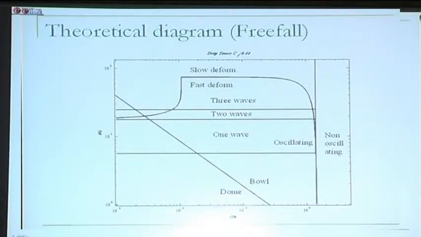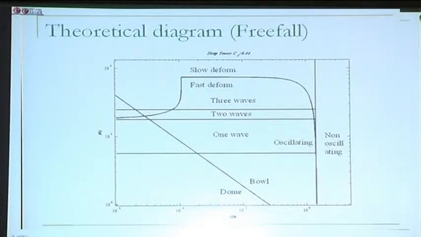So here you have the deformation. You can see that for very high Weber number, you don't have any more slow deformation. The deformation is about the same characteristic time as the Rayleigh-Taylor growth.